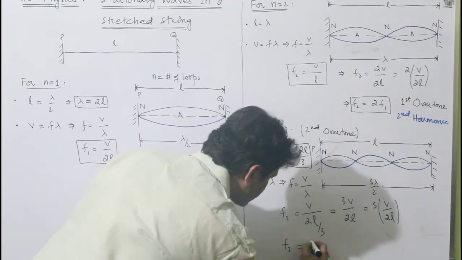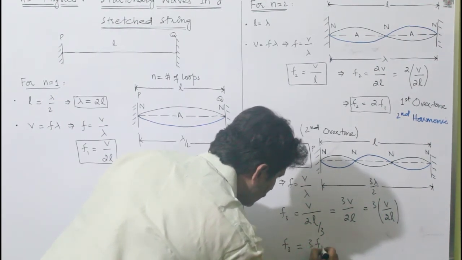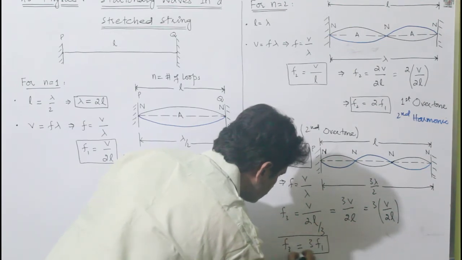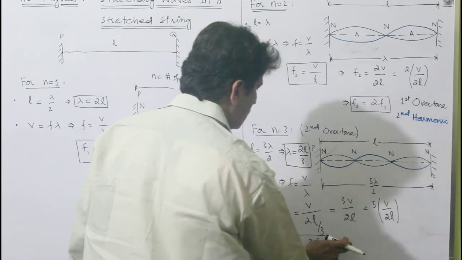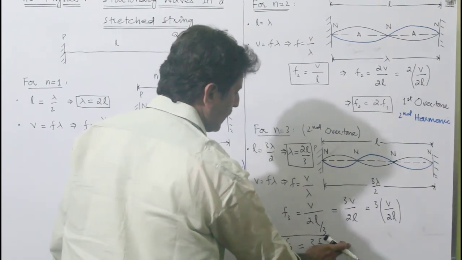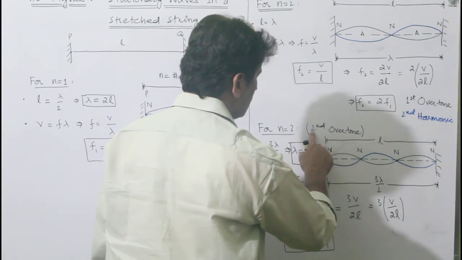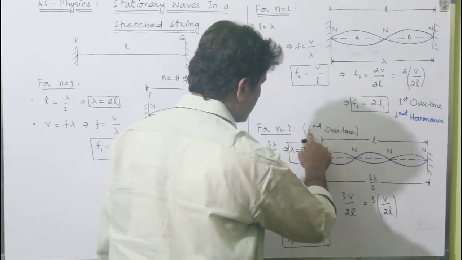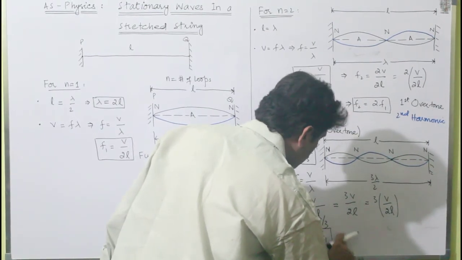So f3 is equal to 3 times f1. It is called the second overtone and the third harmonic.